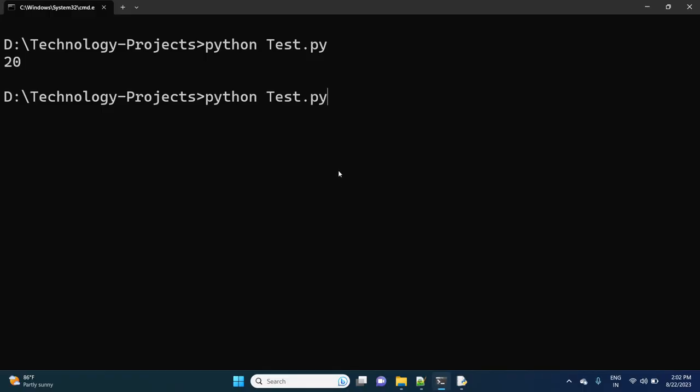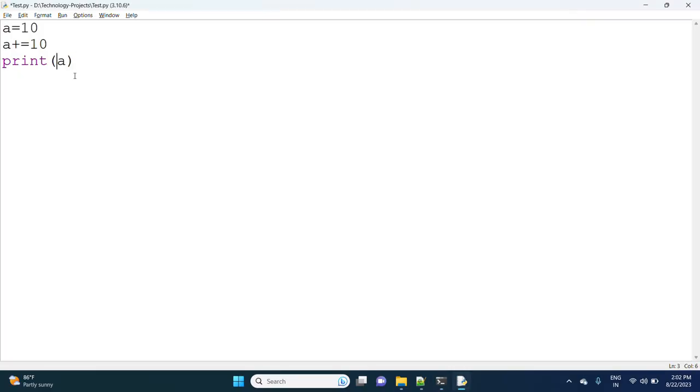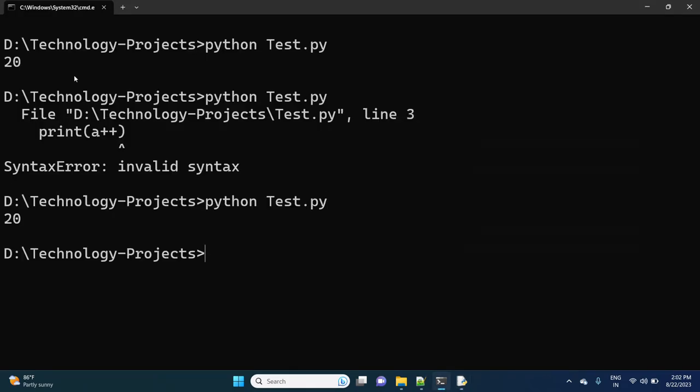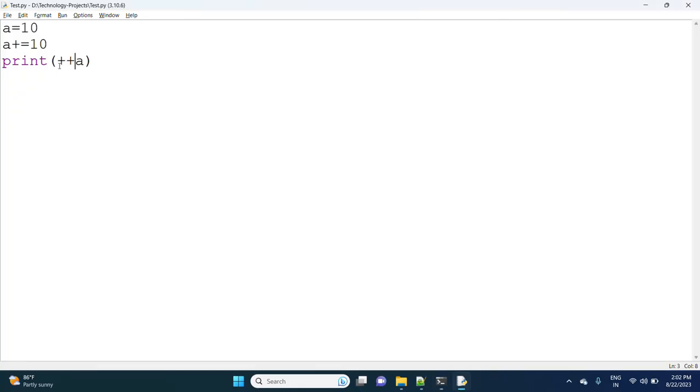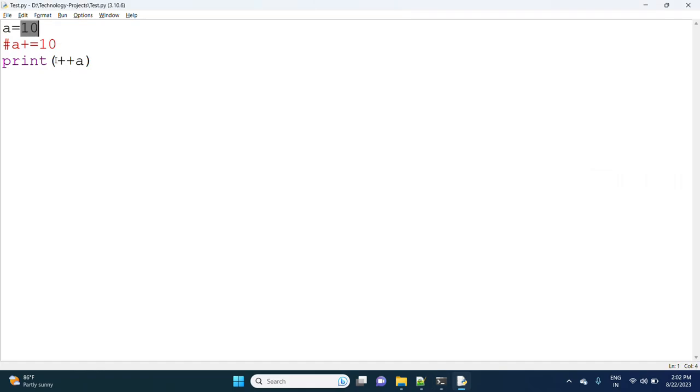But observe here, Python considers it invalid syntax. Mostly we will not use this here. Now observe, I am trying to increment the value of a. In the previous languages, this is pre-increment, and if you write it after, post-increment.